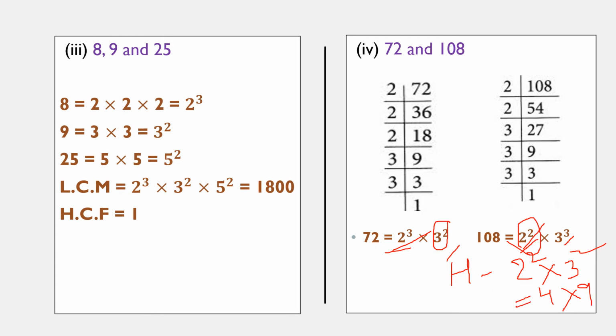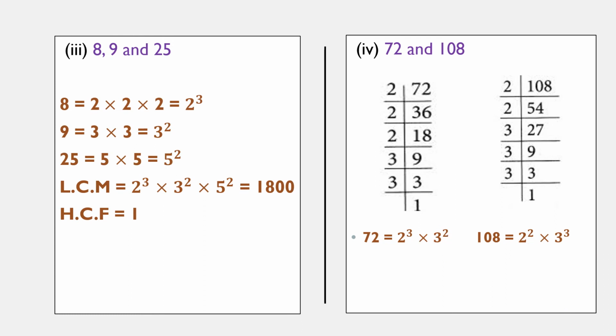Okay. Now coming to LCM. LCM means from the common you should write the greatest power. So anyhow 2 is here, right? From this common you should write the greatest power. The greatest power is 2 cube. So LCM is 2 cube into, from this common 3 thing, here 3 square and here 3 cube, right?